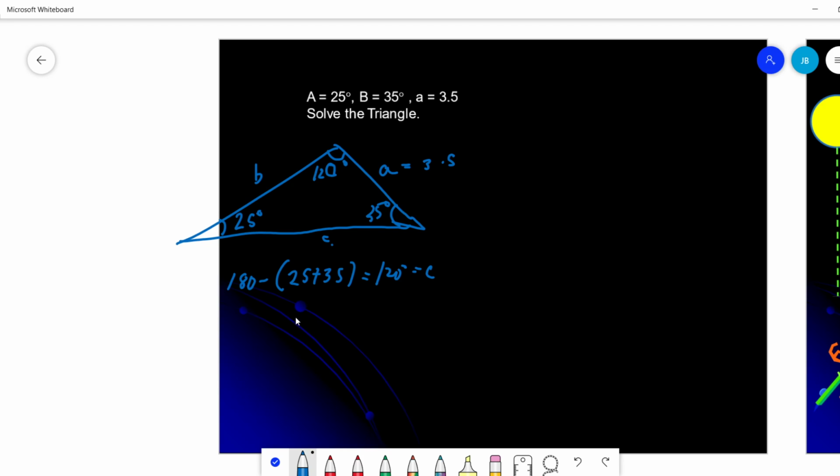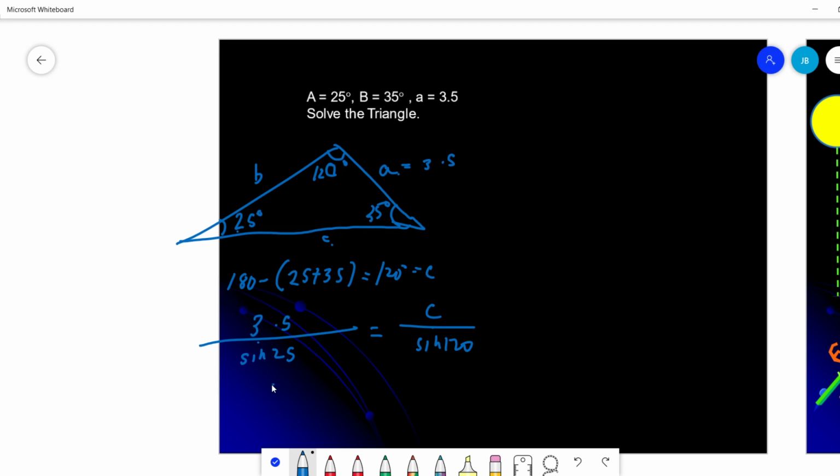To find side C, once again, we are going to use the sine law. Let's use one side, which is side A, 3.5 all over sine of its opposite angle, 25, is equal to side C all over sine 120 degrees.